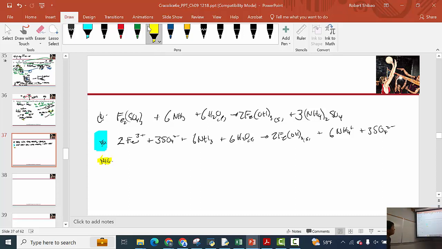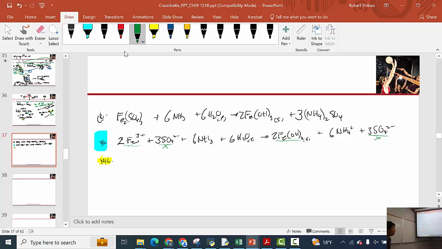Net ionic equation, we look for spectators. Did the iron 3 react or spectate? It reacted. Did the sulfate react or just spectate? In other words, did it change or did it stay the same? It stayed the same. So sulfate, let's get rid of that. Ammonia and ammonium are 2 different things, so this changed.